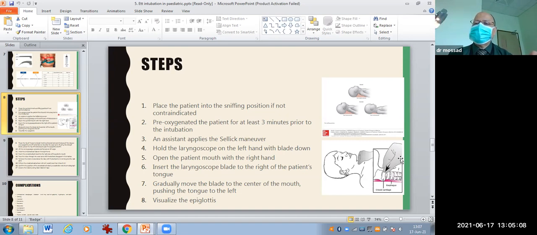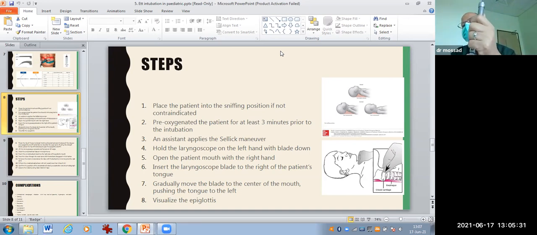So you must make sure that the light is working and you have extra batteries beside you, because sometimes you just put it in the mouth and everything is dim. The second thing, we must use this in our left hand, standard, whether you are right-handed or left-handed. Okay, so this one in your left hand.